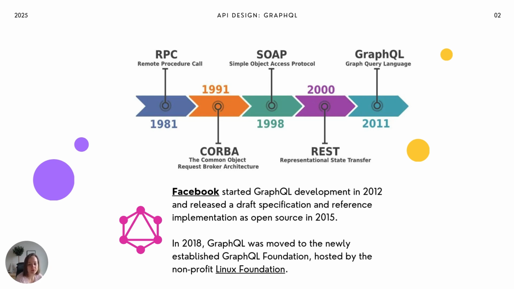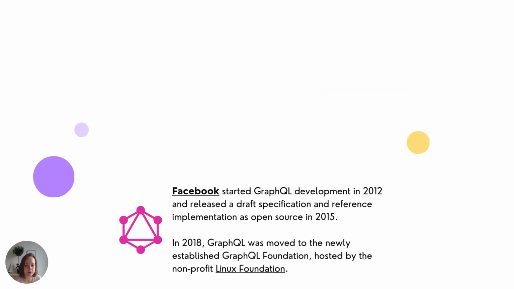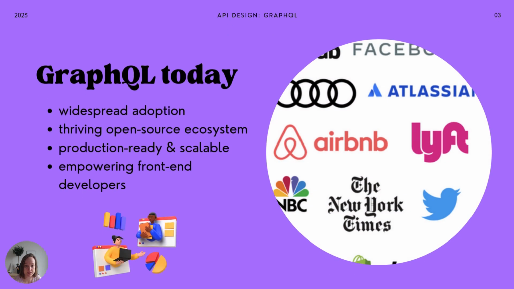A few years later, GraphQL was moved to the newly established GraphQL Foundation and released as open source, the whole specification, and since then it's been the Linux Foundation who is financing development of GraphQL, and it's an enormous open source community that surrounds this technique.